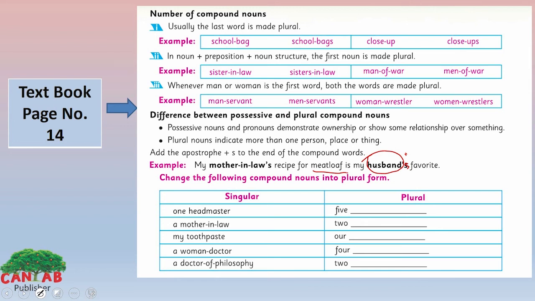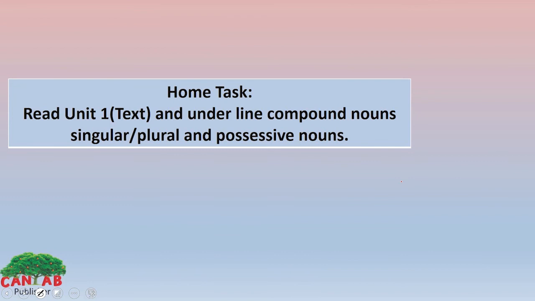So let's look at the exercise here. Change the following compound nouns into plural form. Students, this is your home task. Read unit number 1, text and underline compound nouns, singular, plural and possessive nouns.